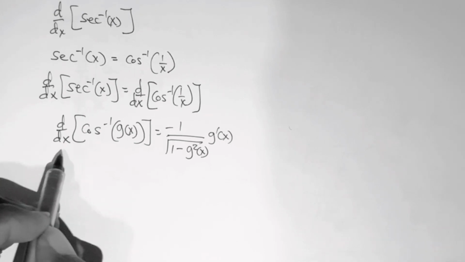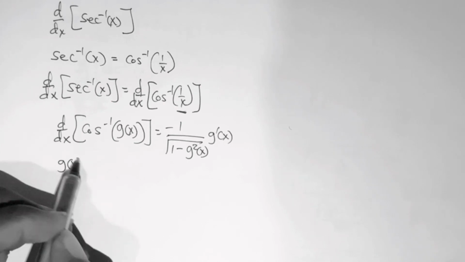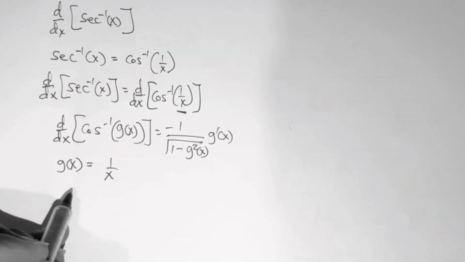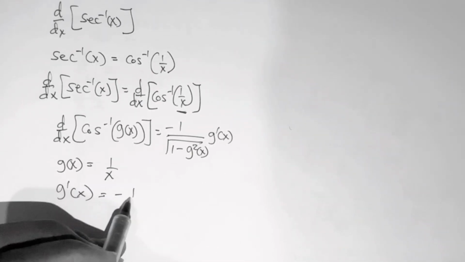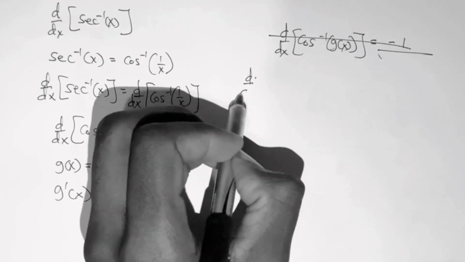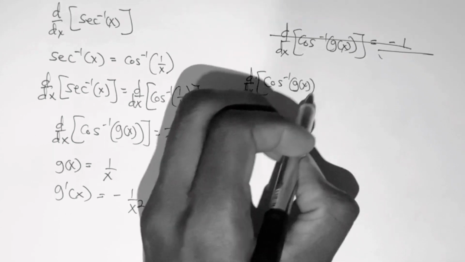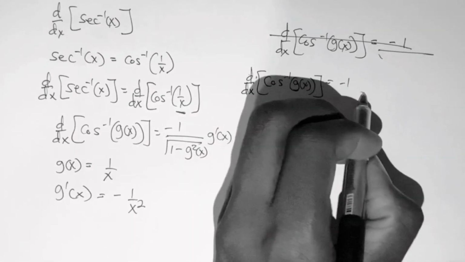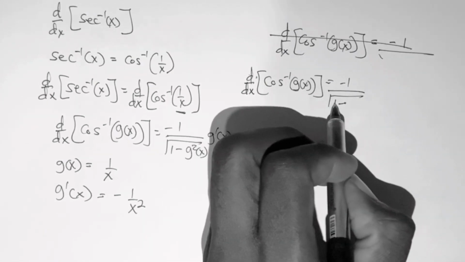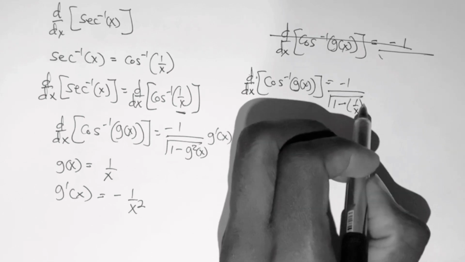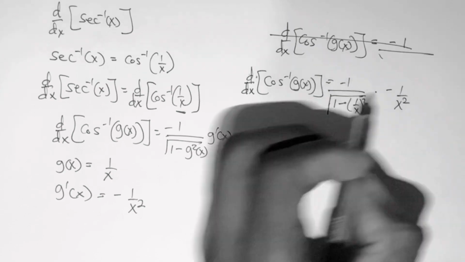So now what we need to do in this case is to find g of x. So we can see that g of x is equal to 1 over x, and therefore g prime of x is equal to minus 1 over x squared. d dx of cos inverse of g of x is equal to minus 1 over square root of 1 minus g squared of x, which is 1 over x squared, then times g prime of x, which is minus 1 over x squared.